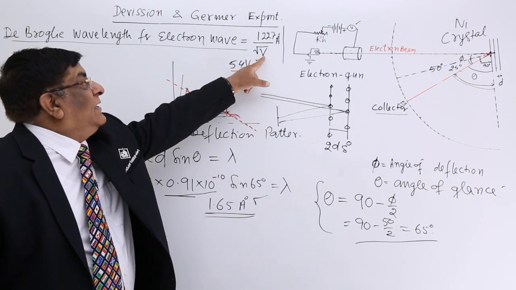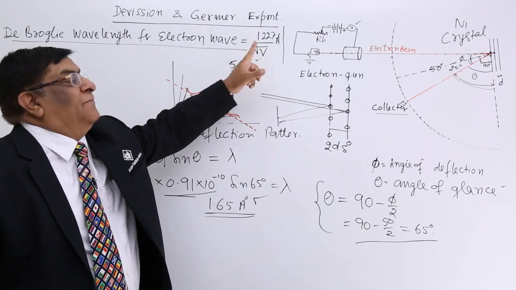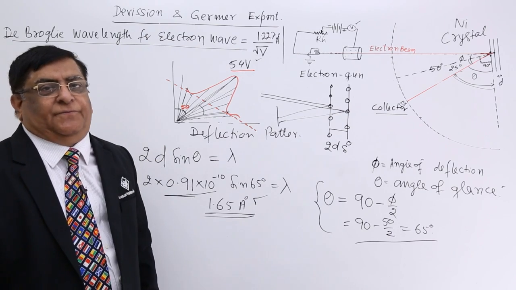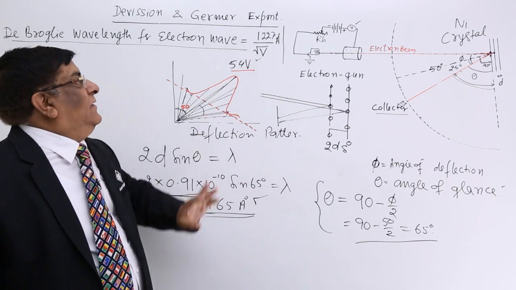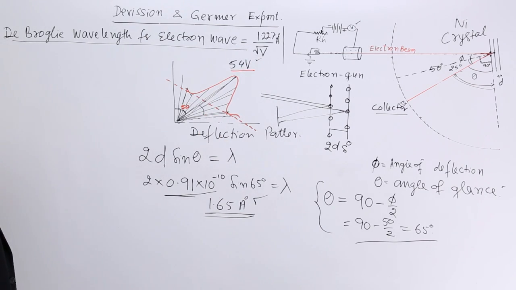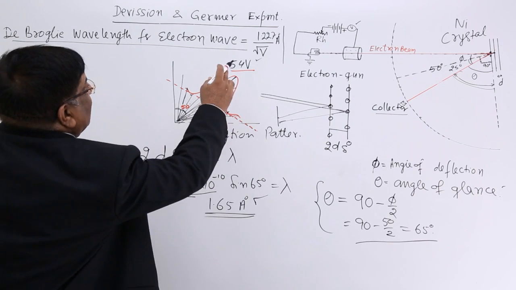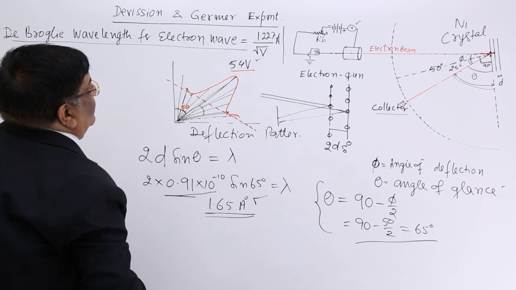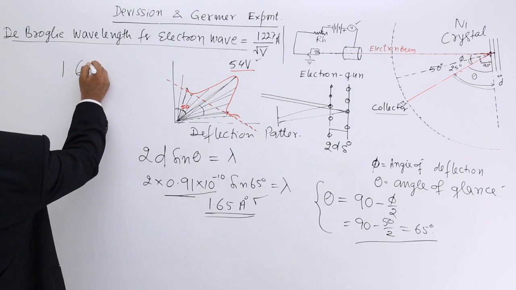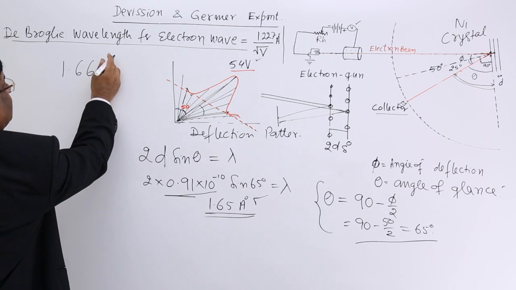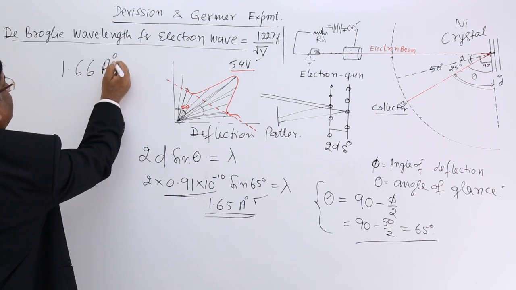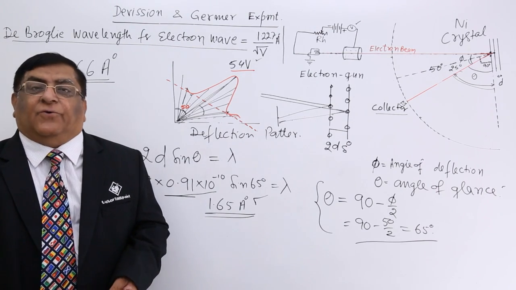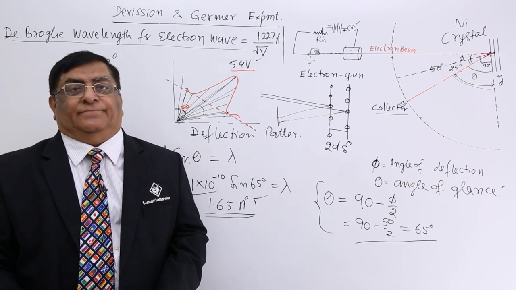Now, we put here root 54. Whatever is the value of root 54, 7 point something, we divide it with this, and what we get is 1.66 angstrom. This is the result we get by the formula of De-Broglie.